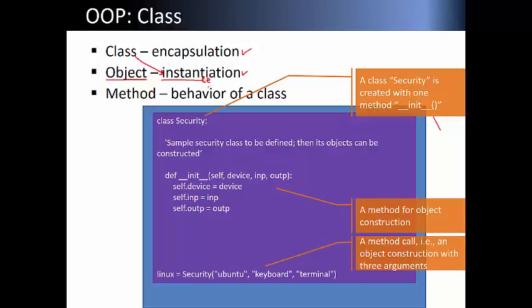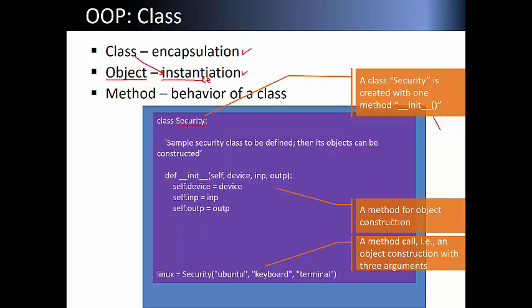Like this. We can say class called security. This is a class definition. And then we define this, which is reserved: underscore, underscore, init, underscore, underscore. This is a constructor.